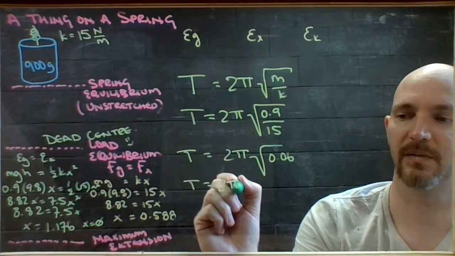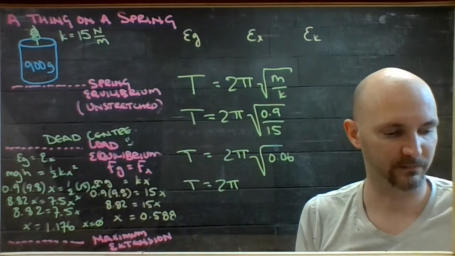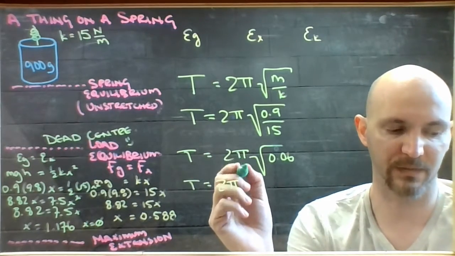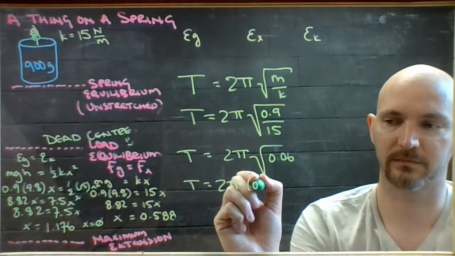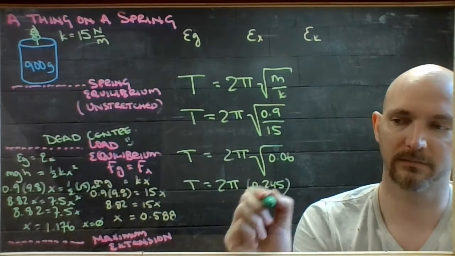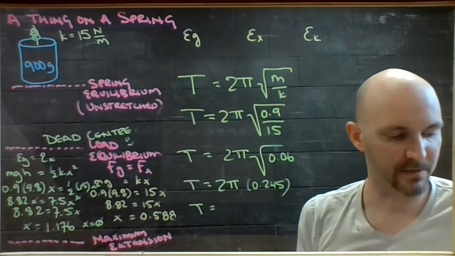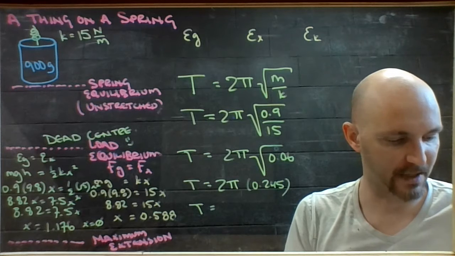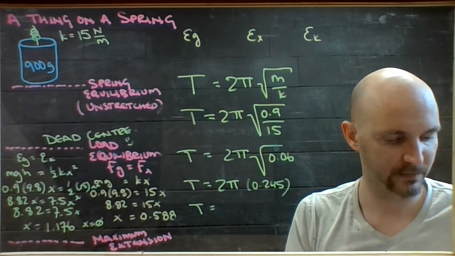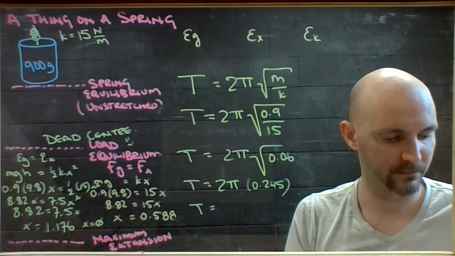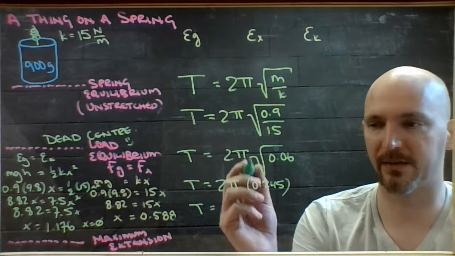If I square root that, I get 0.245, times 2 times pi, 1.539 seconds.